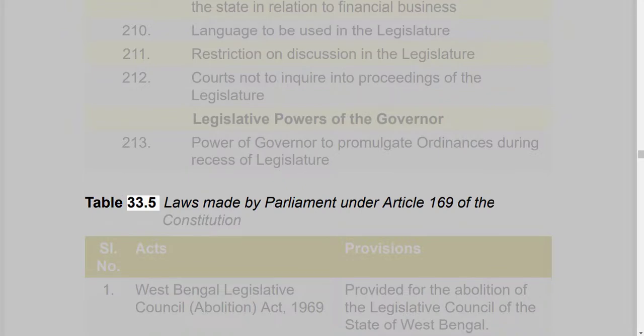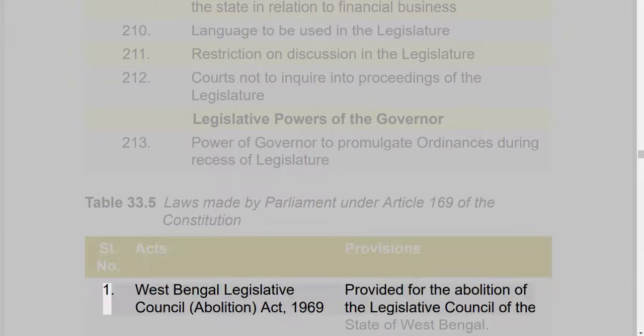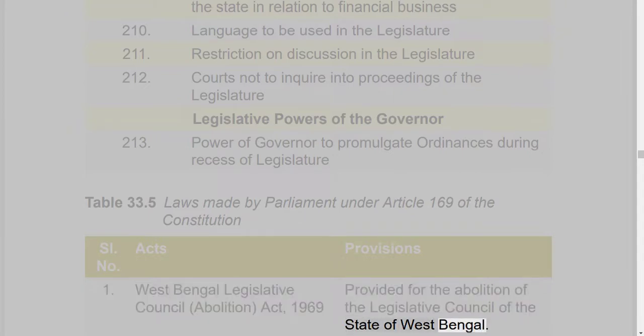Table 33.5 Laws made by Parliament under Article 169 of the Constitution. SL. No. Acts, provisions. 1. West Bengal Legislative Council Abolition Act, 1969 provided for the abolition of the Legislative Council of the State of West Bengal. 2.